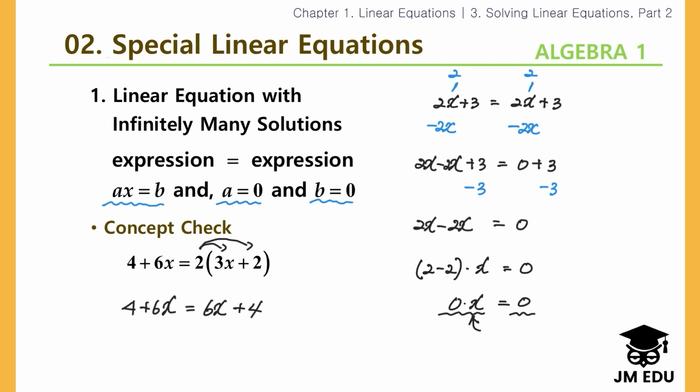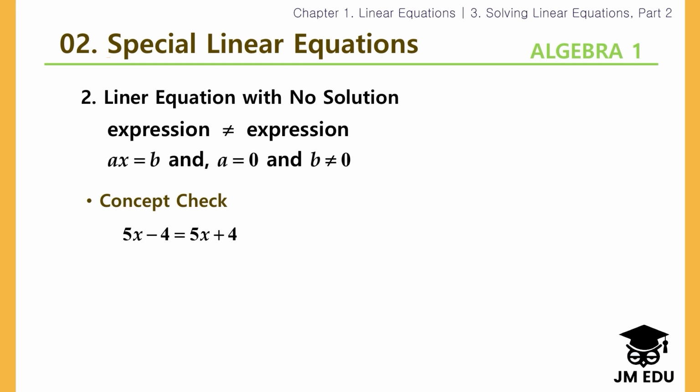So when we look at the x terms, same, right? 6x is 6x. Constant, same, right? This expression is exactly equal to this expression, right? So we can conclude that this equation has infinitely many solutions, which means for all values of x, they're always equal to each other.